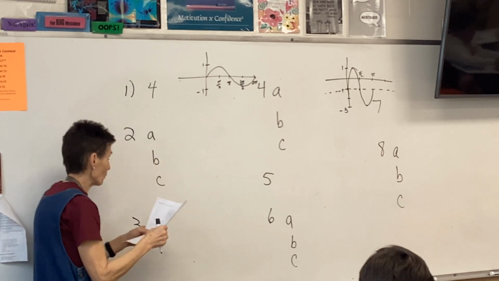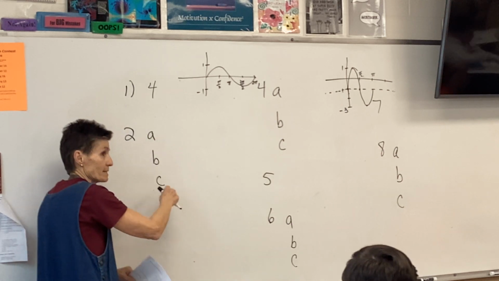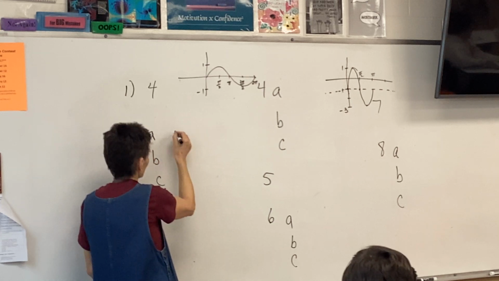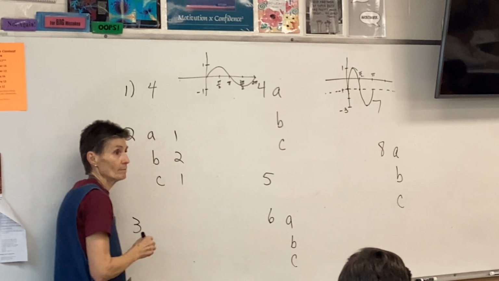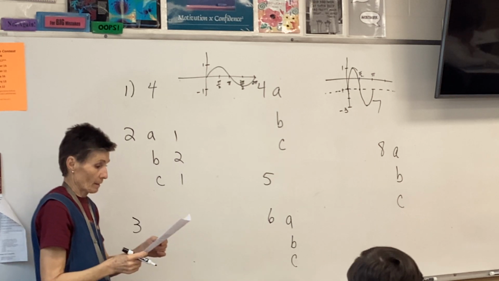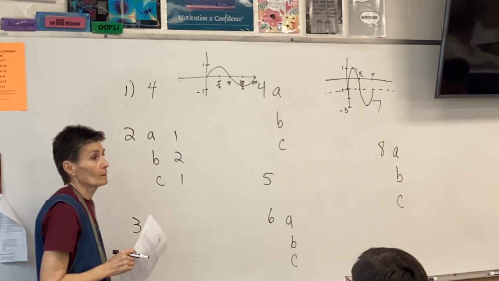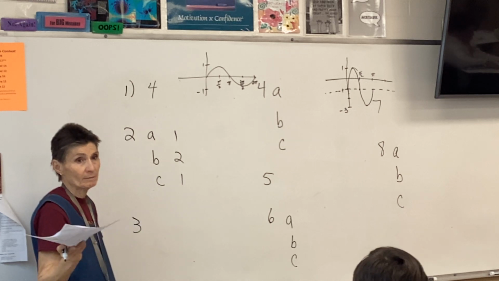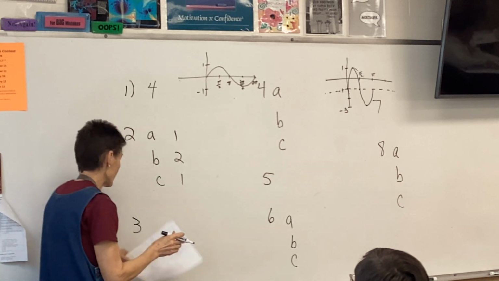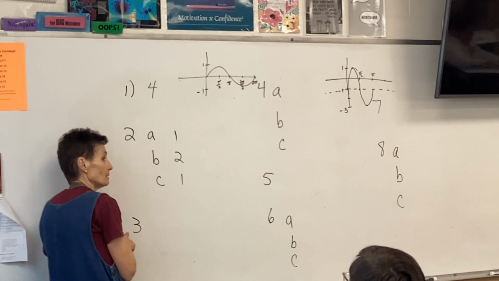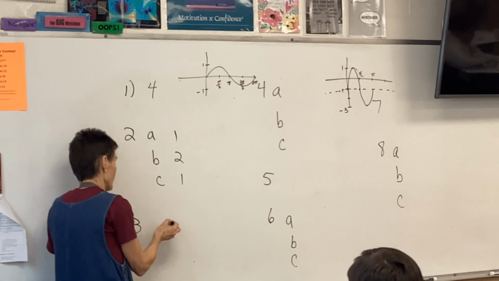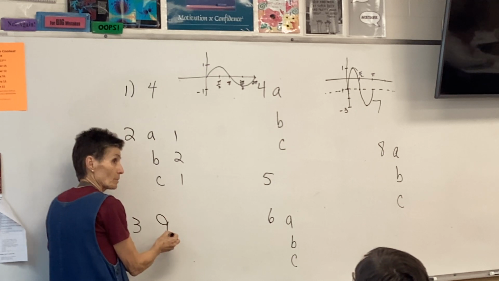Perfect. All right, what did you get for number 2, A, B, and C? Anna, what did you guys get? 1, 2, and 1? Do you agree or disagree with that? Everybody's in agreement? All right. Number 3, what's the period of the picture in number 3? 9?